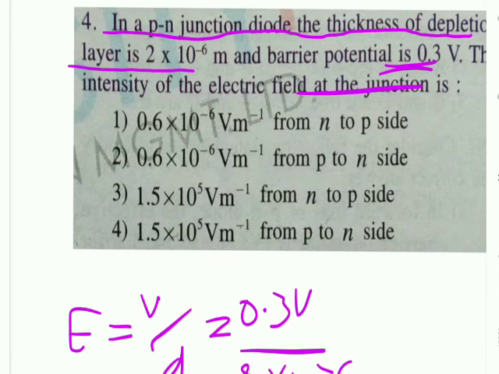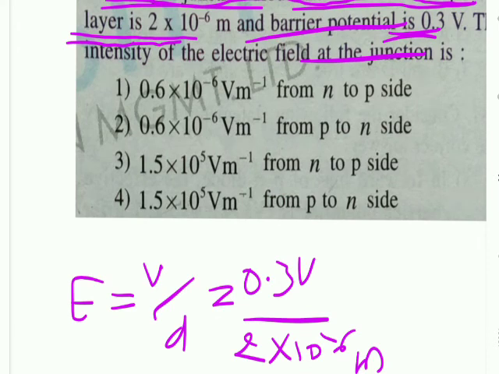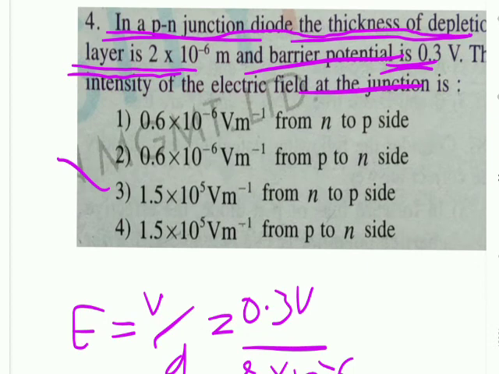Once again, in the PN junction diode, the thickness of depletion layer is 2 into 10 to the power of minus 6 meters and the barrier potential is given; the intensity of the electric field at the junction is from N side to P side. Our answer is option third.